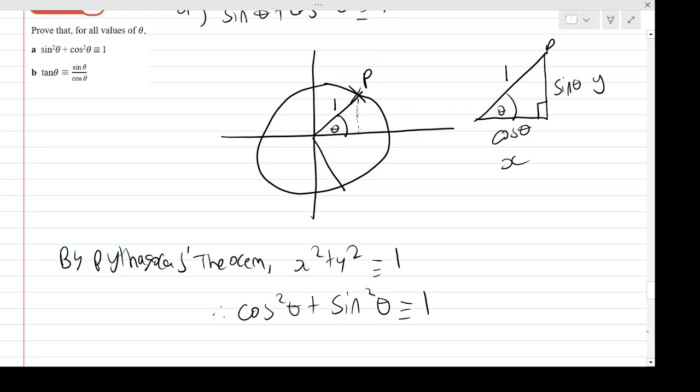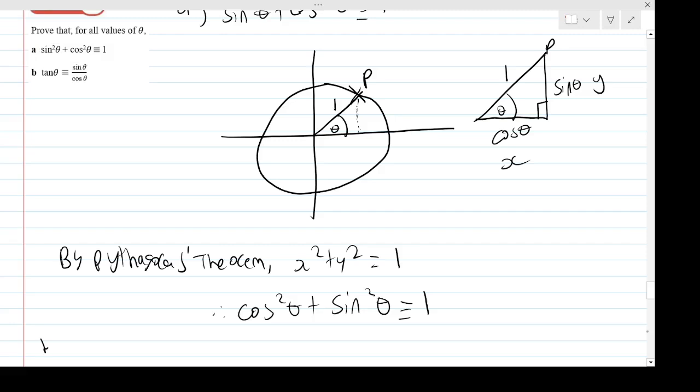It could be here. There's still an angle theta, and it works in the exact same way. So we proved this identity here, right?